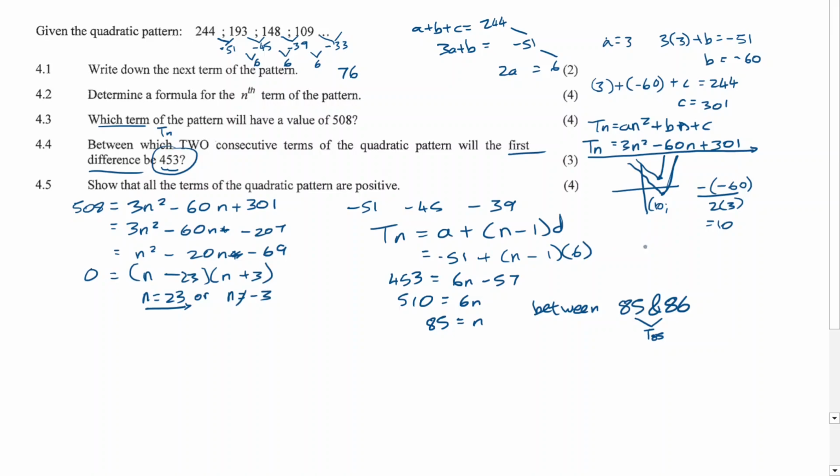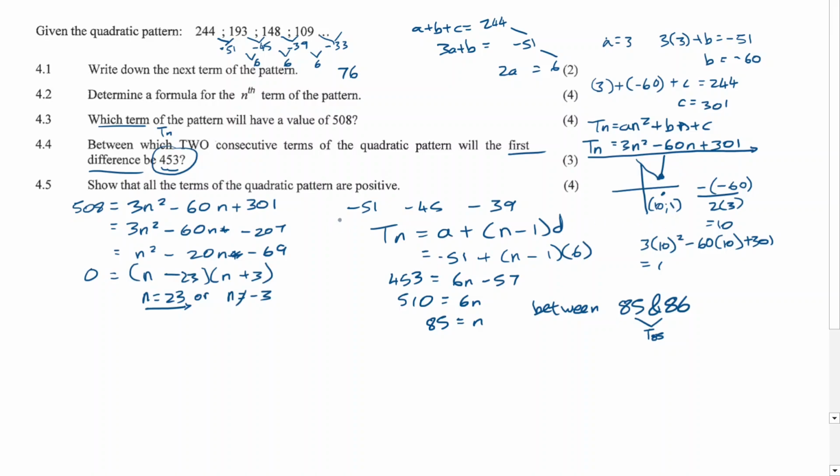So I'm going to sub 10 into all the n's in the formula, and when I do that, I get an answer of 1. And so my turning point is at 10 and 1. And so my graph would look like this.